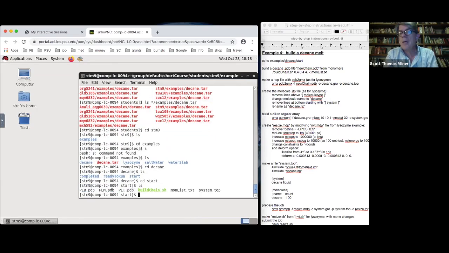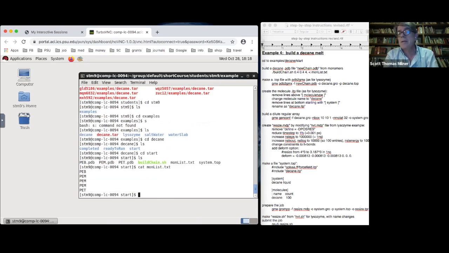Okay, so here I am in the start folder, and the first thing we're supposed to do is use this build chain script. And I just want to show you that the MonList.txt isn't anything very complicated. It is literally just a list of the monomers that you want to stack together.